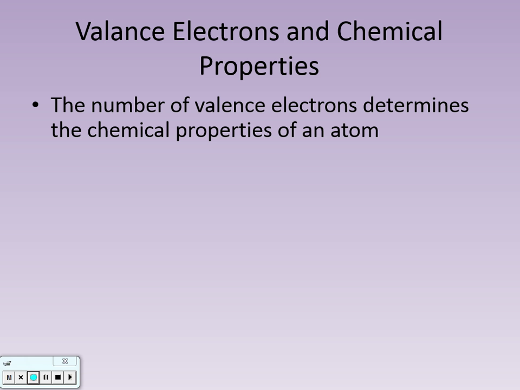Chemical properties is a fancy way of saying what does this element bond with, what does this element not bond with, and if it does bond with something, how does it bond? Chemical properties is a fancy way of talking about bonding behavior. The valence electrons determine what something bonds with and what something doesn't bond with.